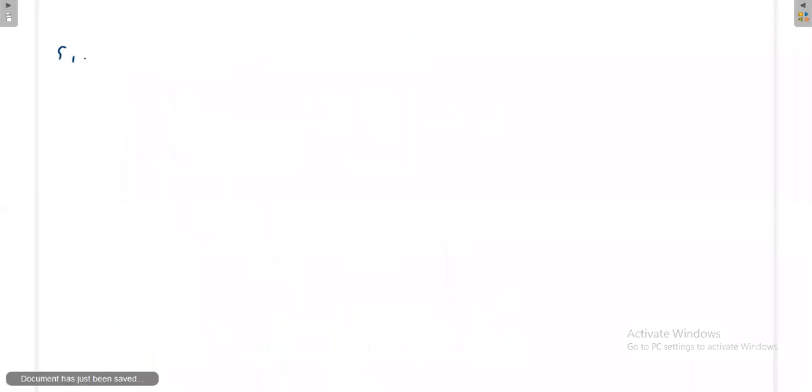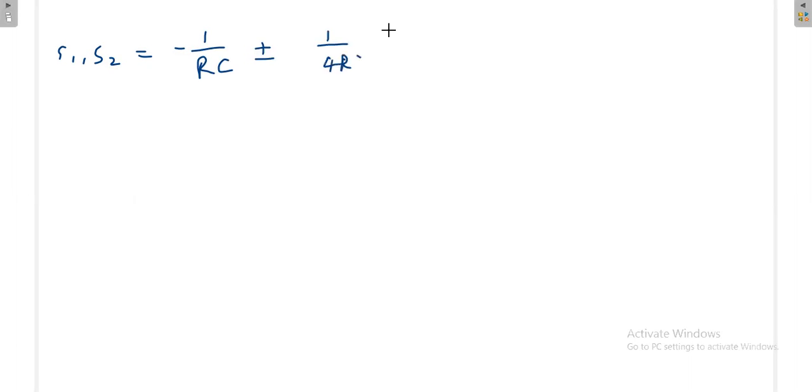So S1, S2 is equal to minus 1 by 2RC plus or minus square root of (1 by 2RC) whole square minus (1 by square root of LC) whole square.